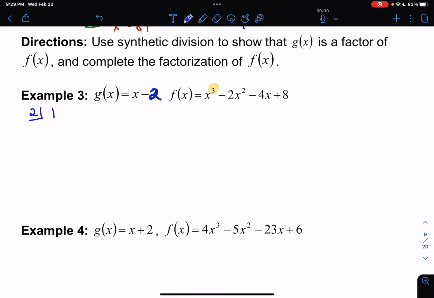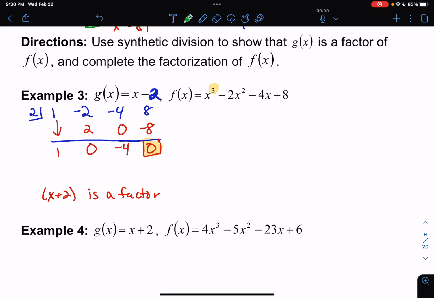Now, what's nice about synthetic division is that we can use what's left over here to find another factor of that polynomial. Since we are essentially dividing this third degree polynomial by x minus 2, this is our quotient part and 0 is the remainder.